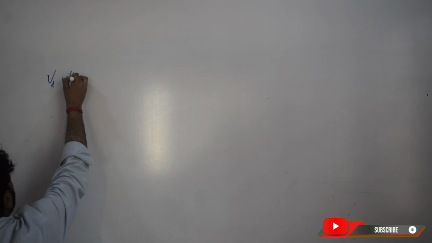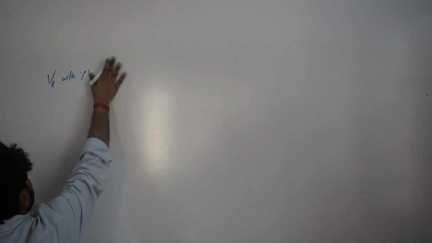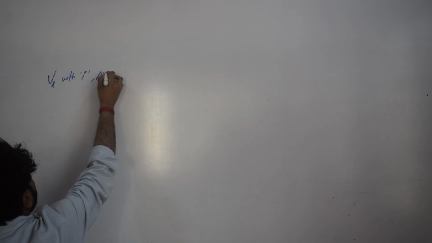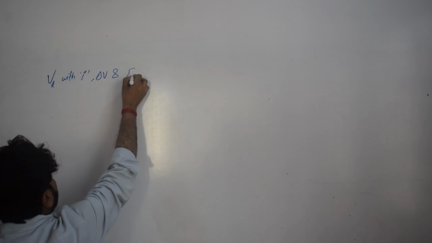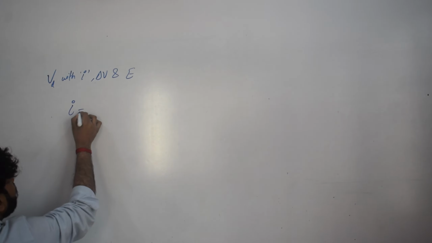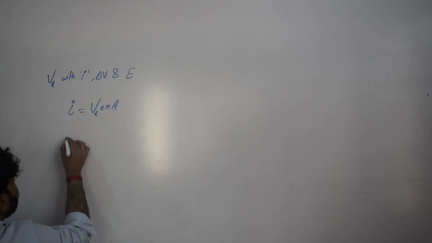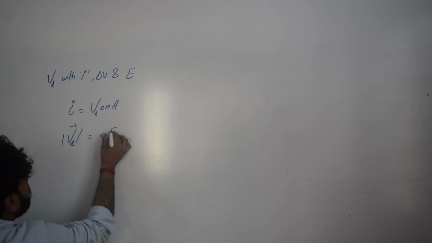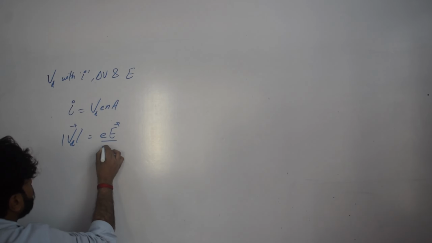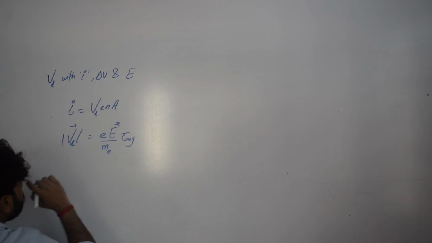In previous class we have discussed the concept of current, free electron and the relation of drift velocity with current, potential and electric field. In that we have discussed that we can write I like this, and drift velocity can be written as this.